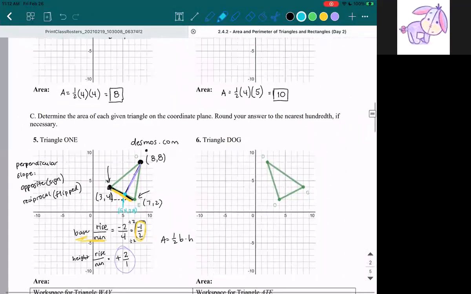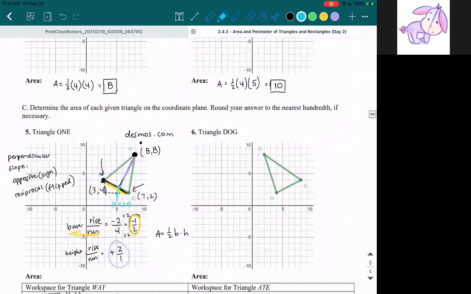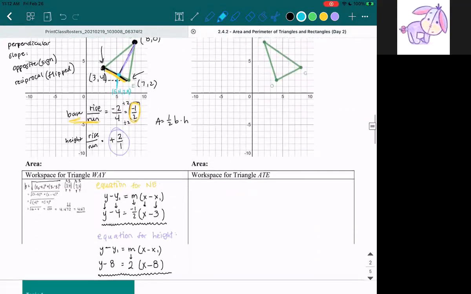Okay, so now that we know that that blue point is 5.4, 2.8, we can finally calculate the length of our height. So the length of that purple line. So now I need to make more space. I'm going to use the space over here. Length of height. Remember, height is our purple line.